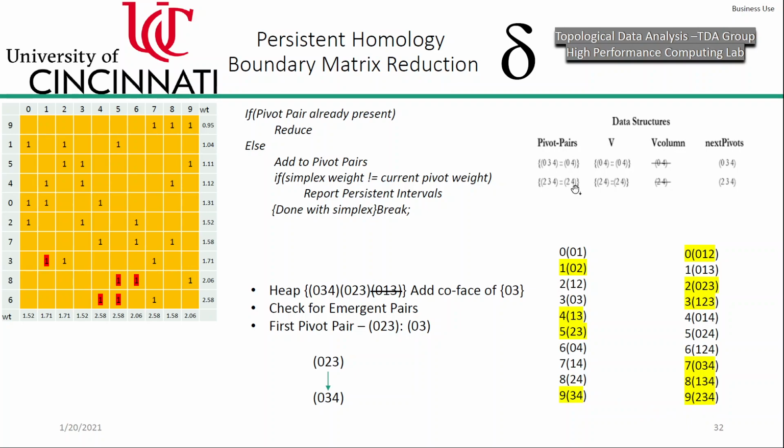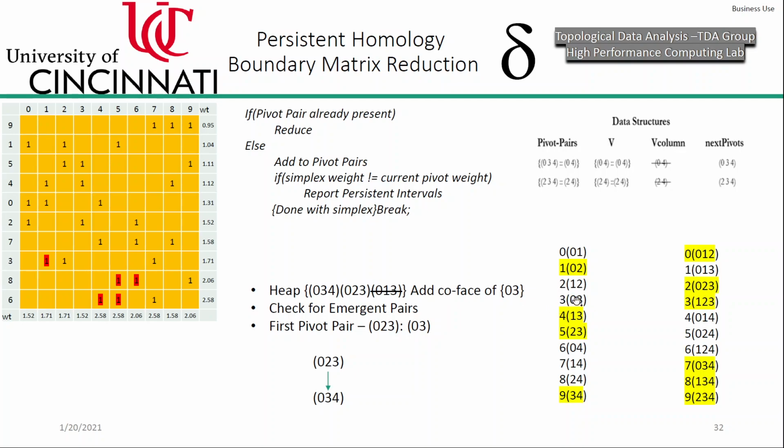We add it to the pivot pairs, we add it to the column vector and V vector, and we add it to the next pivots also. And a similar thing happens: we look at the weights to see if they are different. Right now they have the same weight, so we don't report any of those.